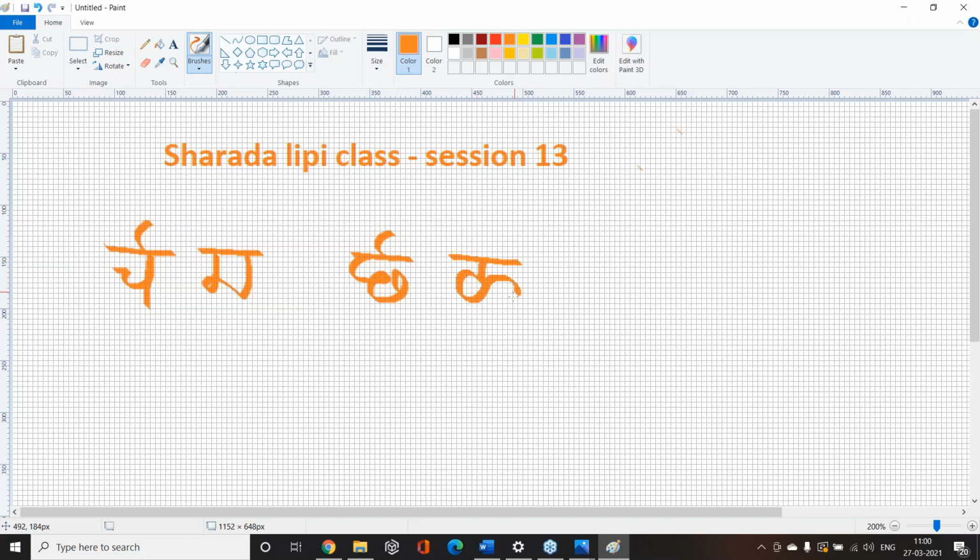We have done this rule last week, but I think there is still some confusion. As said earlier, the letters that touch the Shirorekha more than once are written this way when the matra ra is on top.